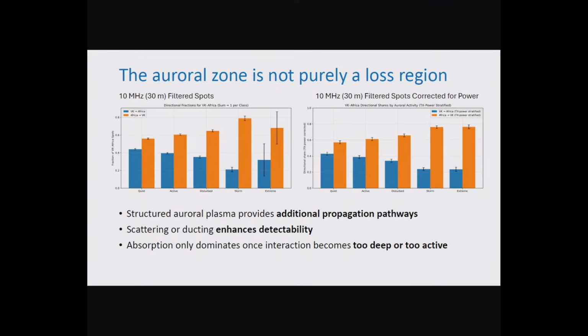And so I think basically what it's saying is, if you want to listen to African stations, the higher the auroral activity, you'll still see more of them than they'll see of us. There's a small asymmetry when it's quiet. And I think that relates to refraction and scattering by the auroral edge of the auroral oval, the way it actually is displaced.